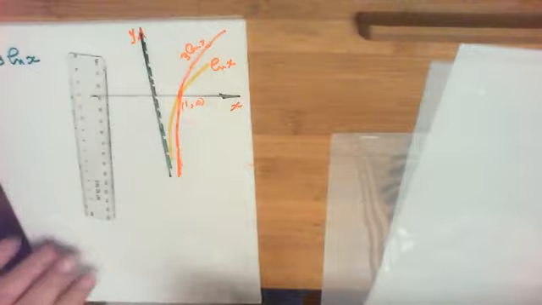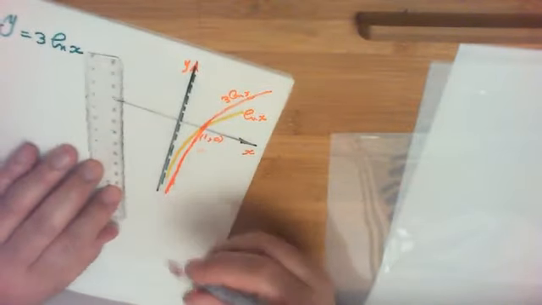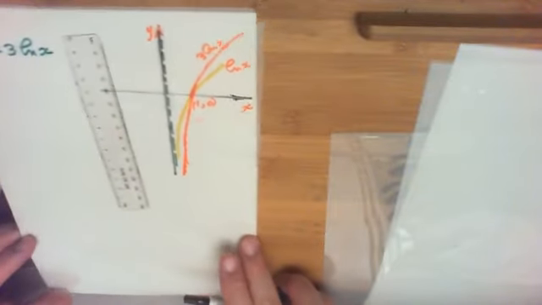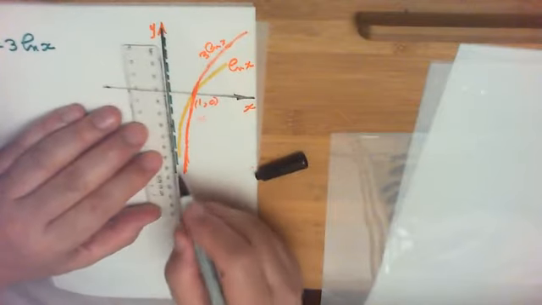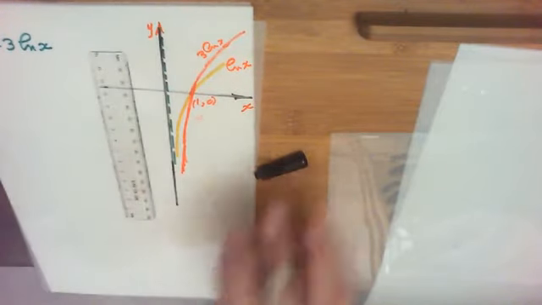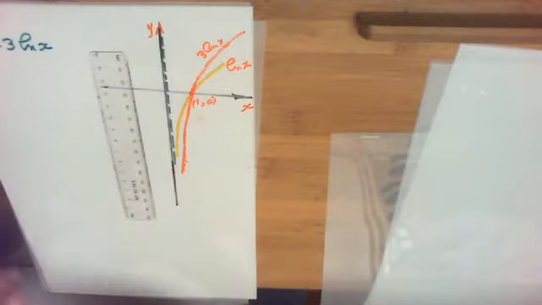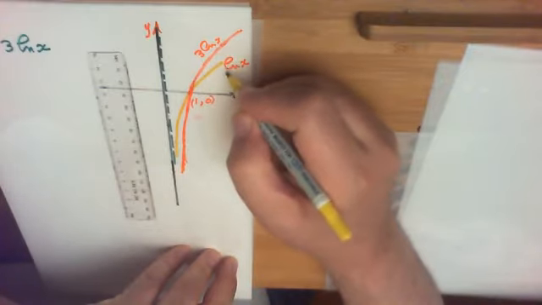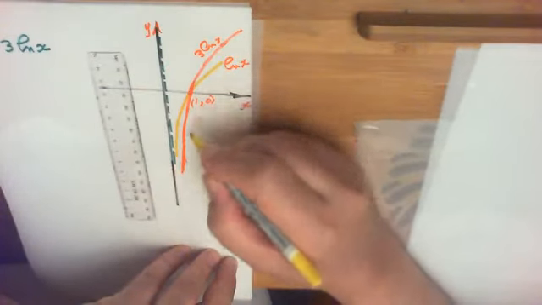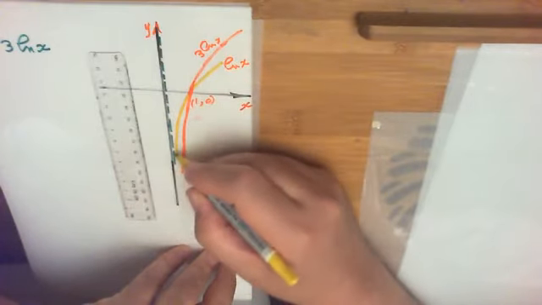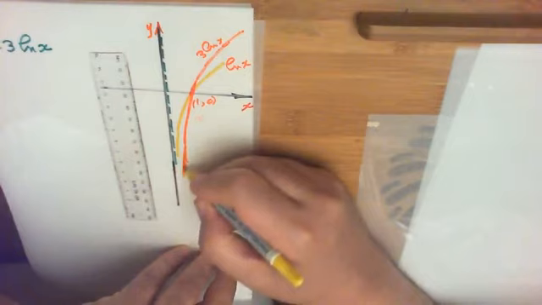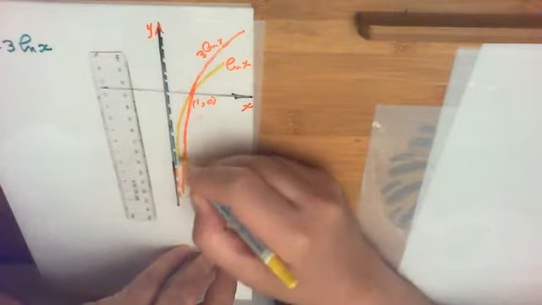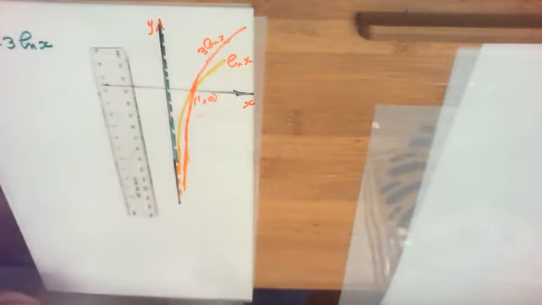Both have the y-axis as a vertical asymptote. In the positive part, 3 ln x is higher than ln x. In the negative part, 3 ln x is deeper than y equals ln x. This is the original one.